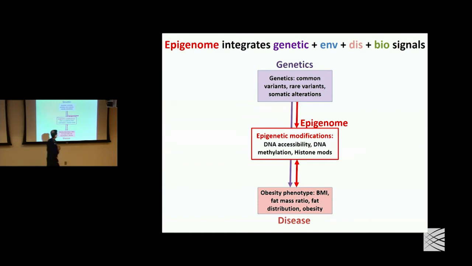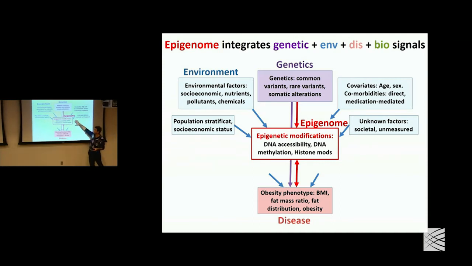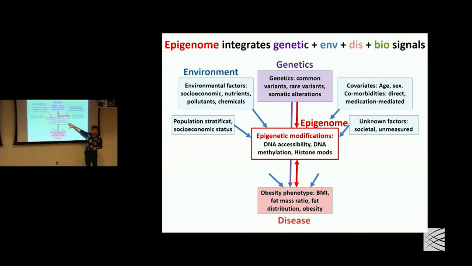Well, I like to think of the epigenome as the great integrator because, number one, it integrates information from genetic differences. Number two, it integrates information from disease differences. The disease itself affects the epigenome and can be reflected in your epigenome. Environmental variables, such as your age, your sex, and other comorbidities, affect your epigenome.